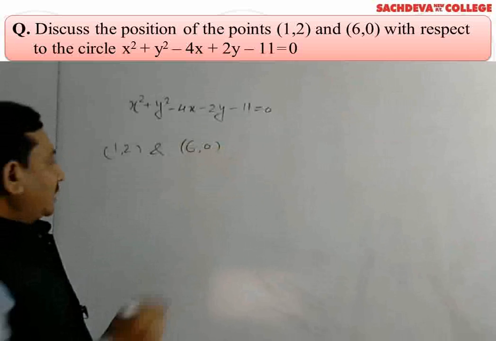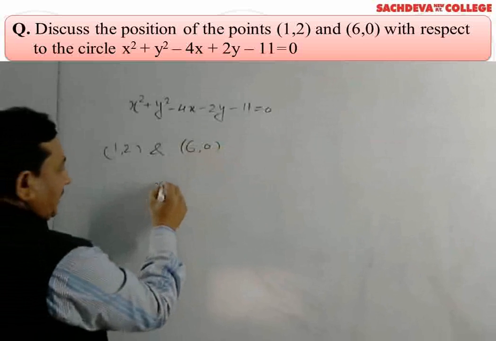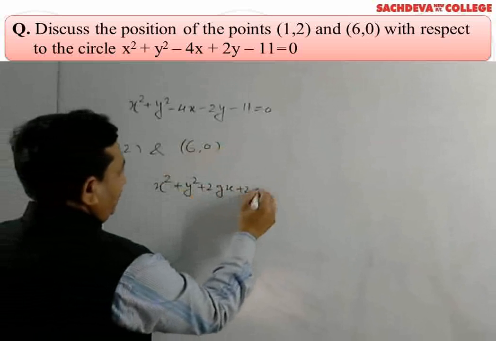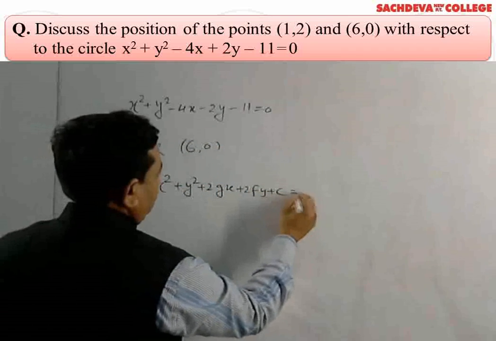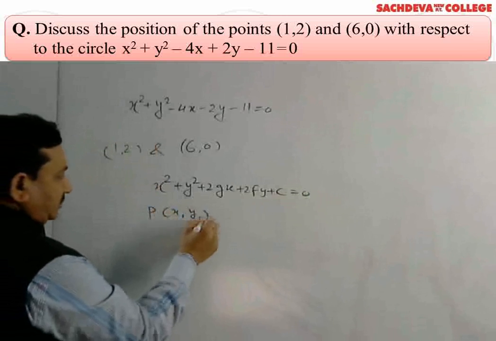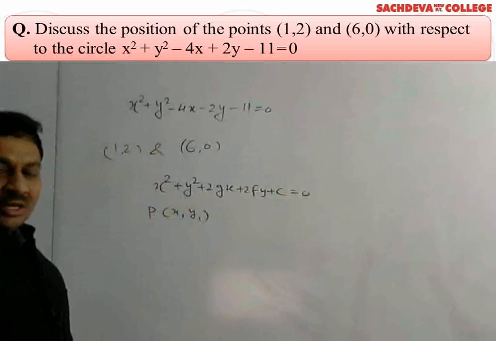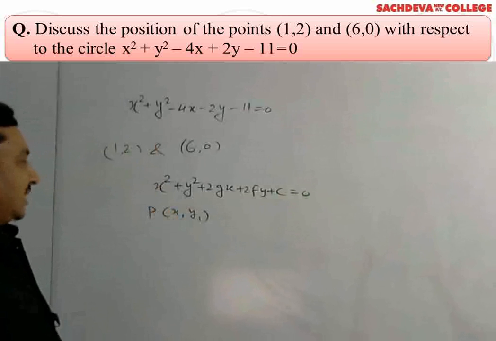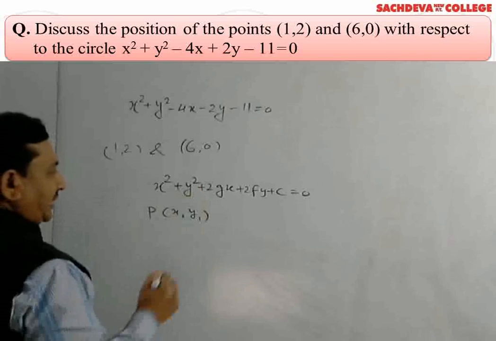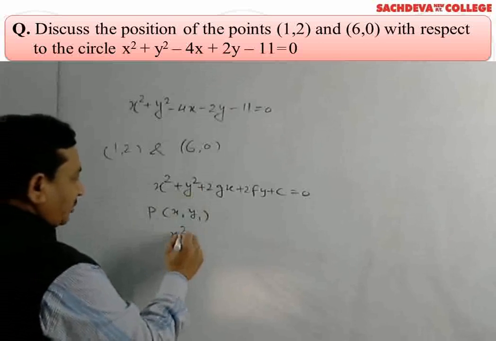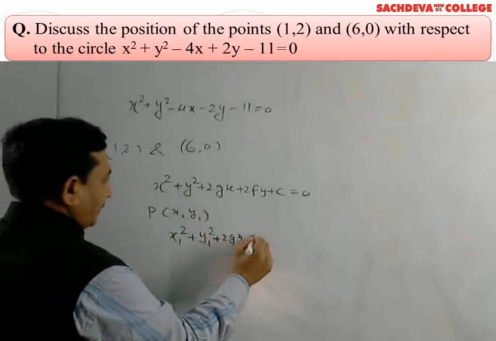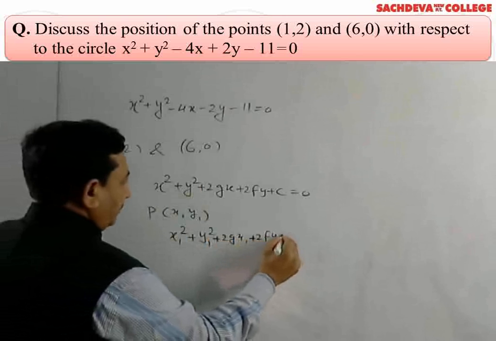We know that if the equation of a circle is x square plus y square plus 2gx plus 2fy plus c is equal to 0 and a point P(x1, y1) lies inside, outside or on the circle, then these conditions are satisfied. If we put x1, y1 in the given equation, then we find x1 square plus y1 square plus 2gx1 plus 2fy1 plus c.